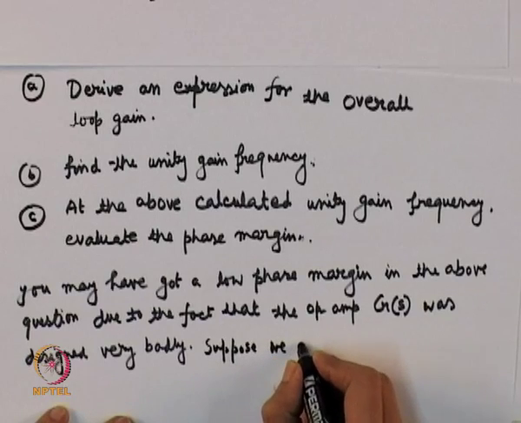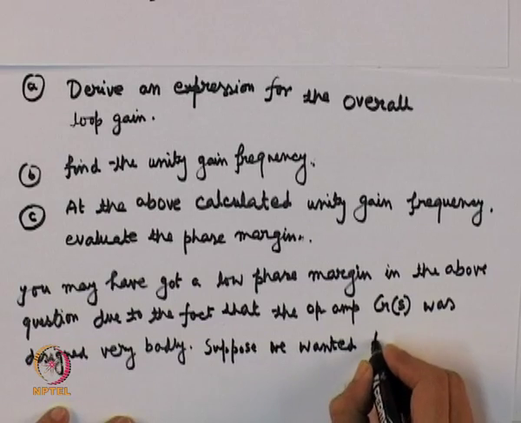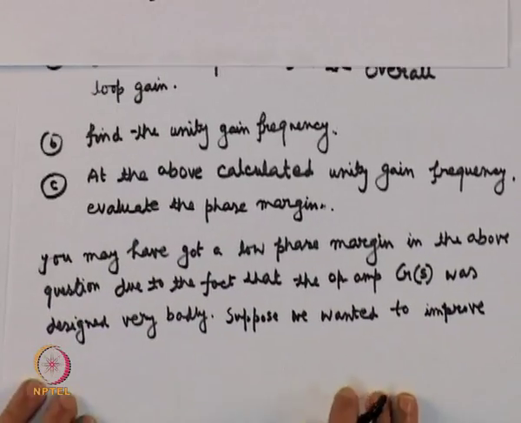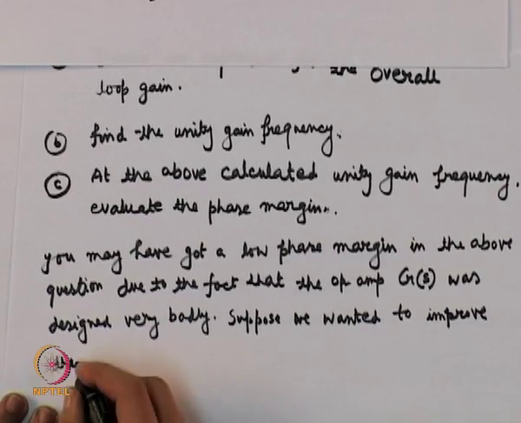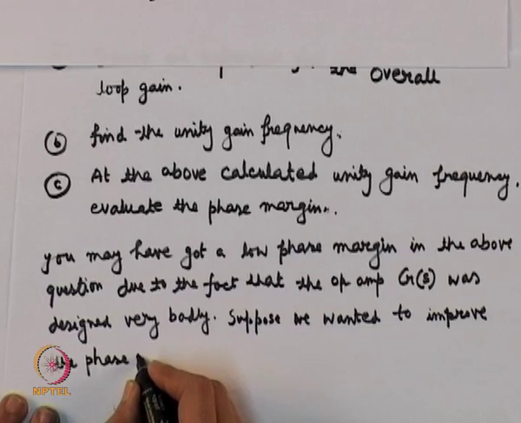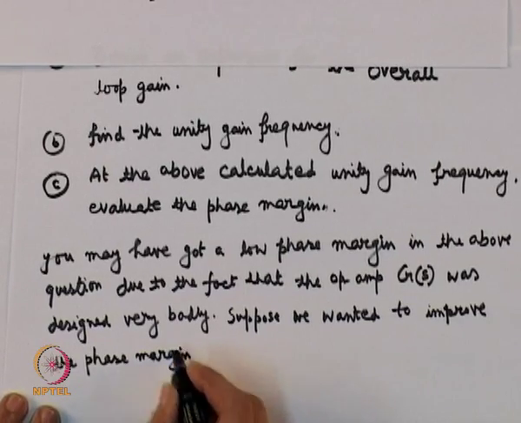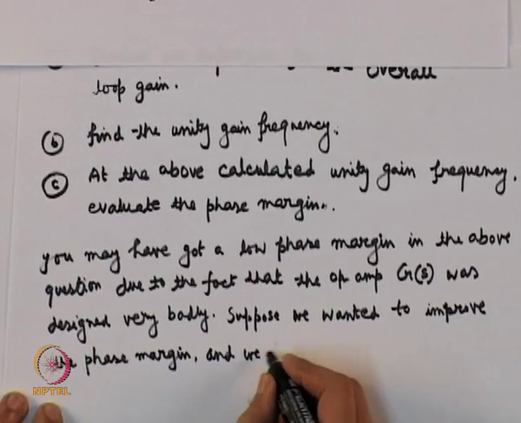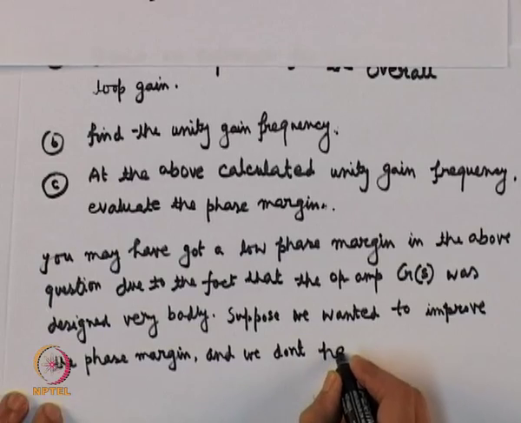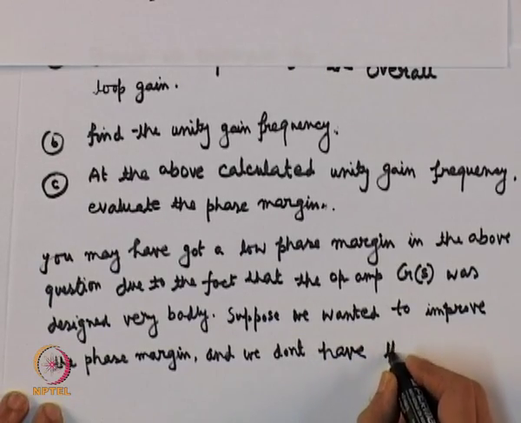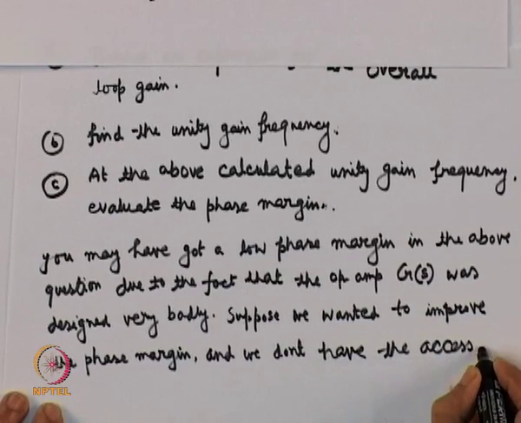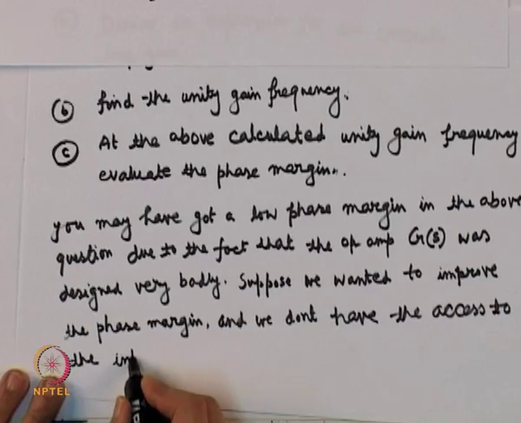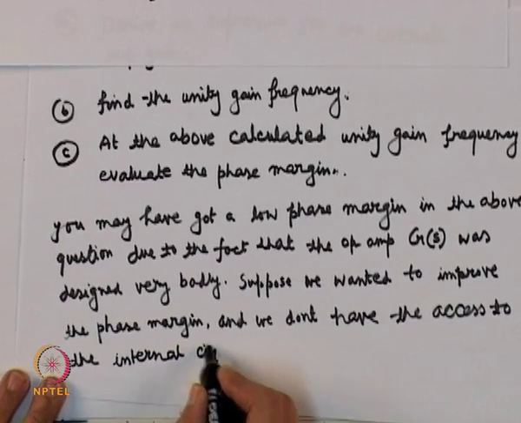Suppose we wanted to improve the phase margin, and we do not have access to the internal circuit.